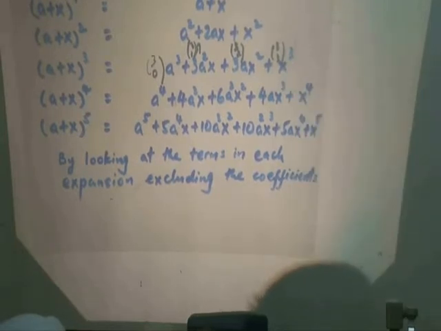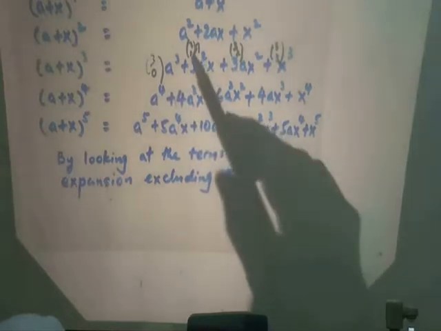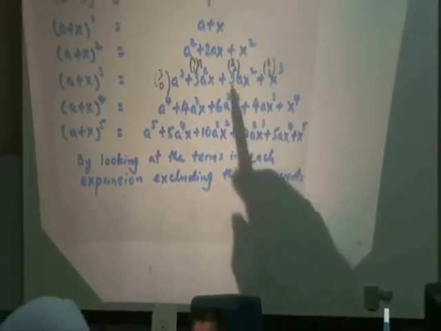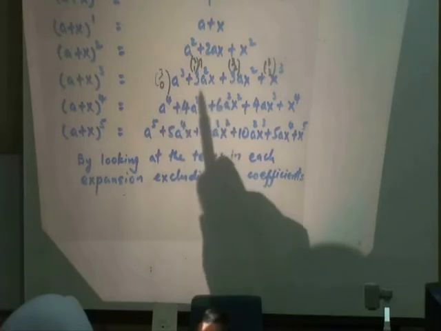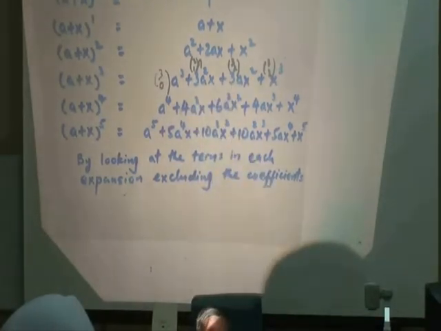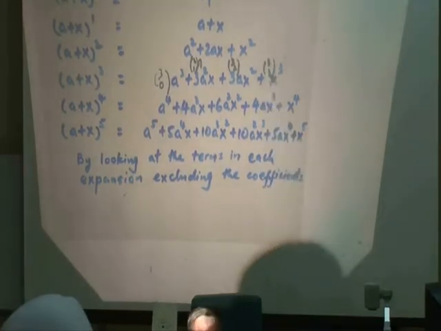You can use a calculator and work out: 3C0 is 1, 3C1 is 3, and 3C2 is 3, because of the symmetry which I have shown you just now, nC(n minus r) is equal to nCr. Therefore 3C1 equals 3C2, and then 3C3 is 1.